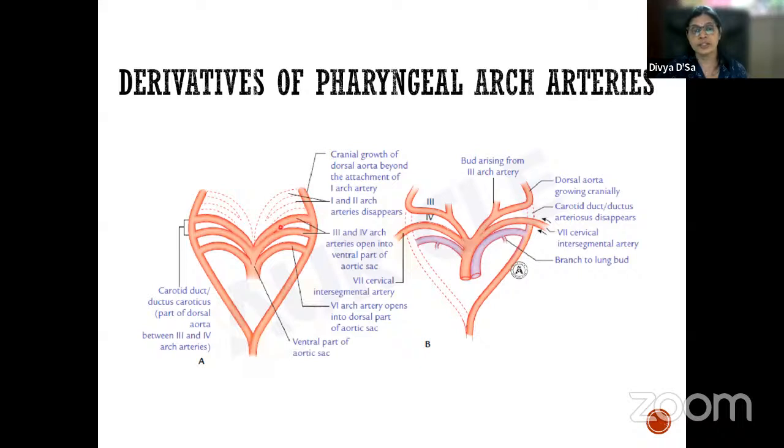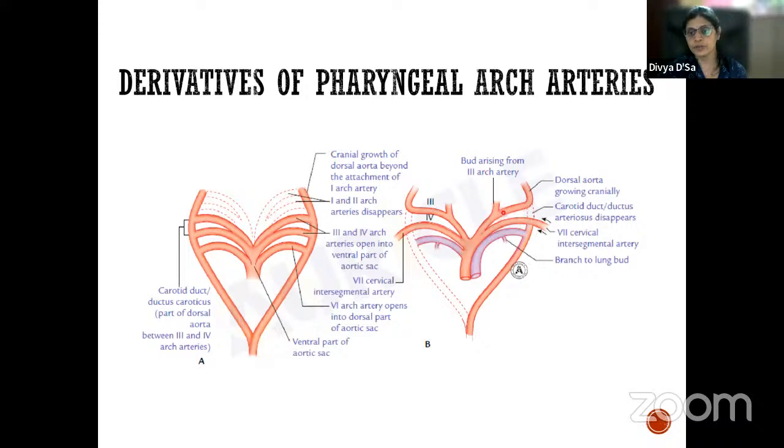Now the third aortic arch, if you see here, it will show a small bud which arises, and this forms the external carotid artery.